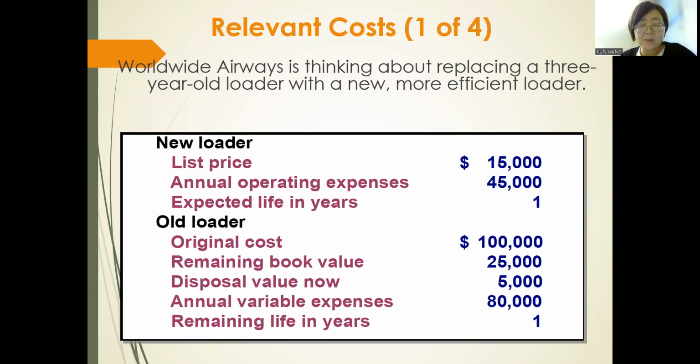And we have the option to replace the old loader with a new one, which also has 1 year of life. This is a simplified situation because we are assuming the useful life for both equipment, new and old, is 1 year.